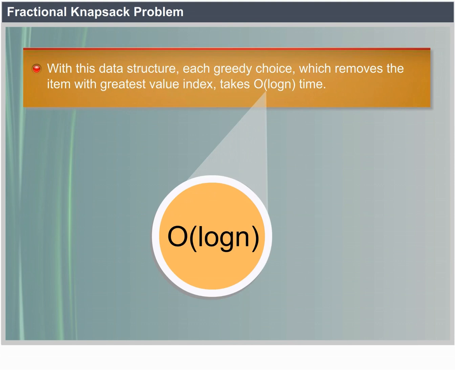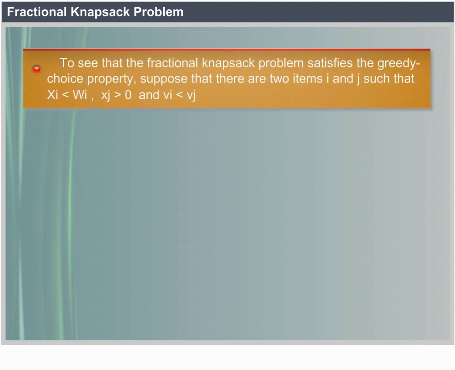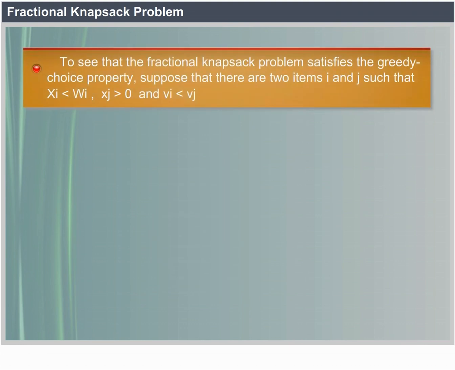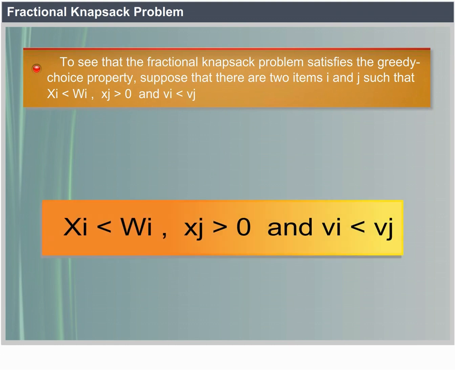To see that the fractional knapsack problem satisfies the greedy choice property, suppose that there are two items i and j such that x_i < w_i, x_j > 0, and v_i < v_j.